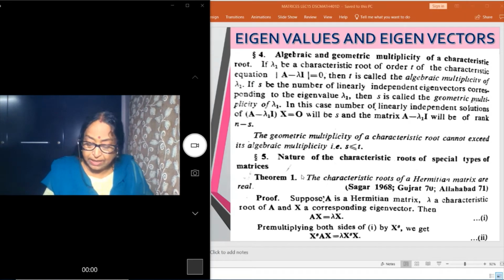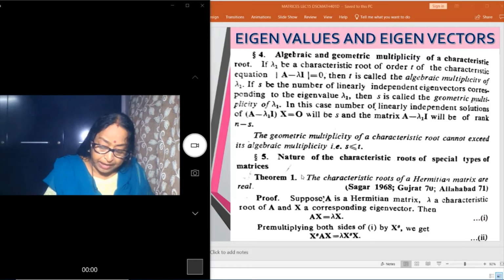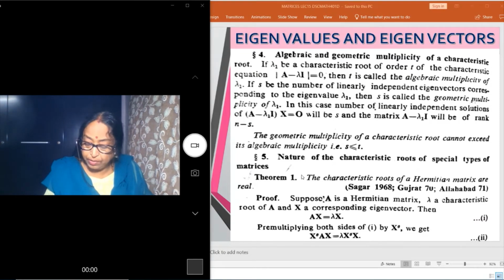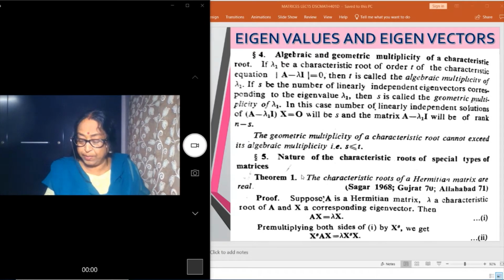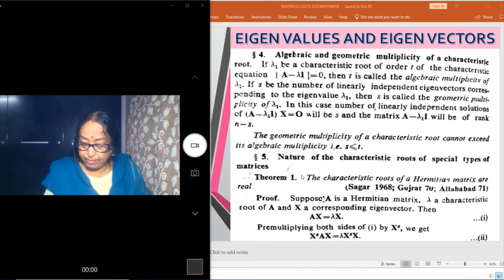If s is the number of linearly independent eigenvectors corresponding to the eigenvalue lambda 1, then s is called the geometric multiplicity of lambda 1.